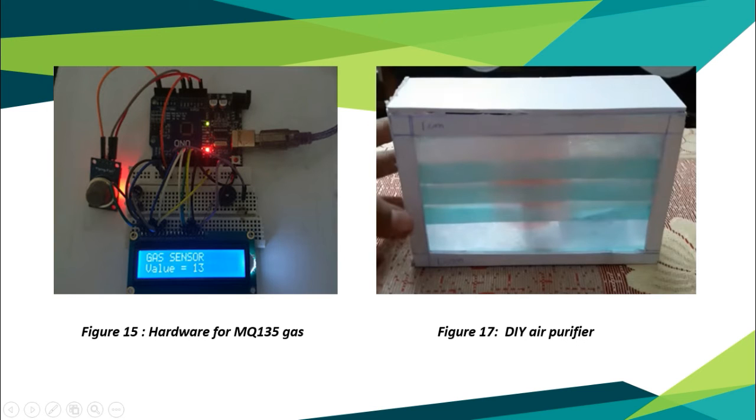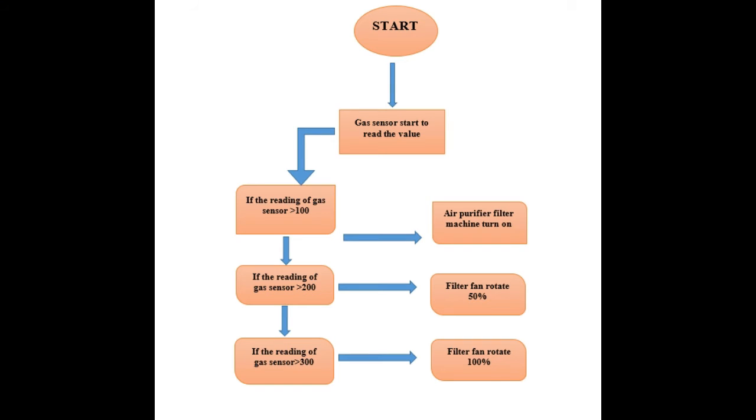In this figure, we can see the hardware for the MQ135 gas sensor and also the DIY air purifier. Figure 18 is the flowchart of the gas sensor. We define three conditions for the gas sensor. First, when the gas sensor reading is greater than 100, the fan will turn on.